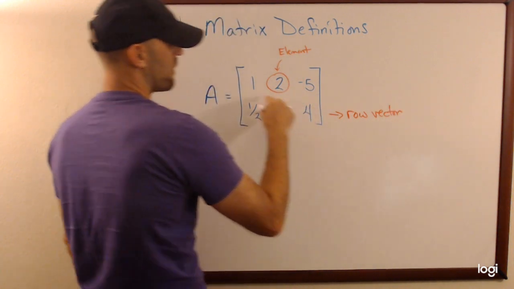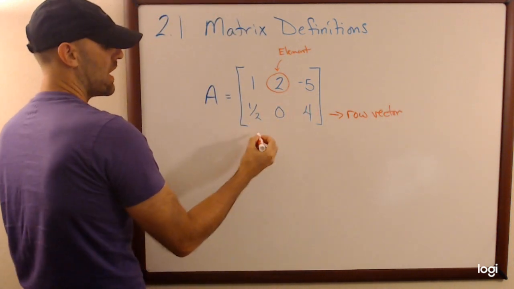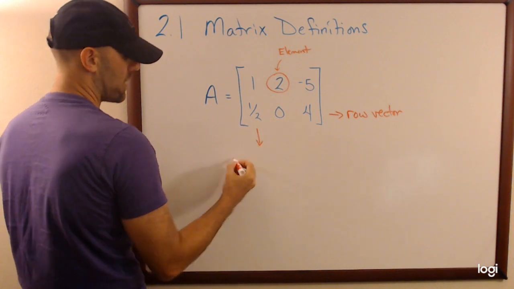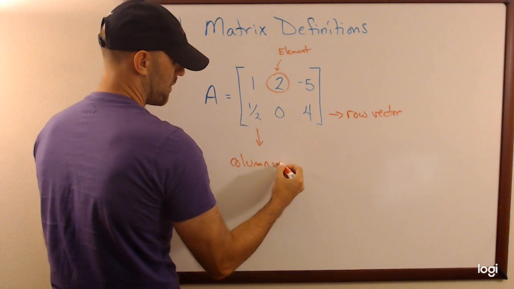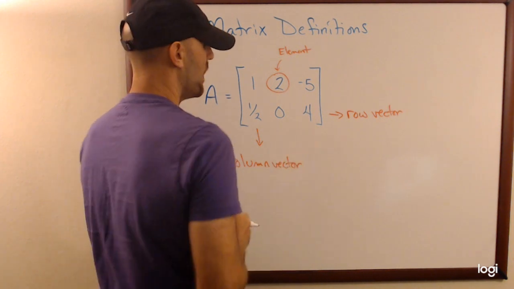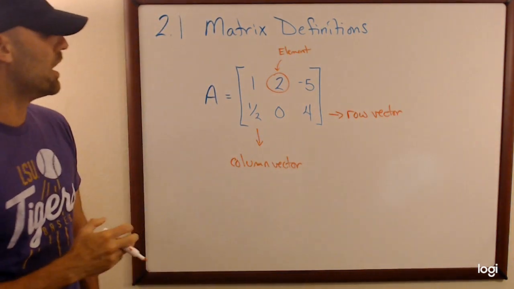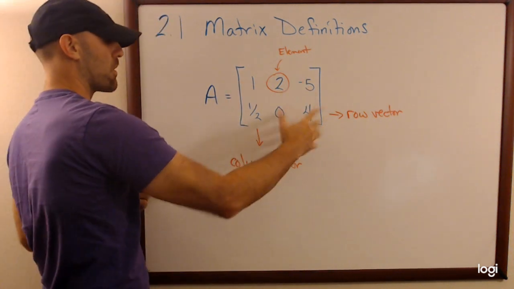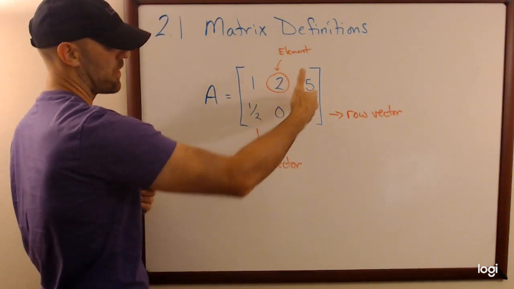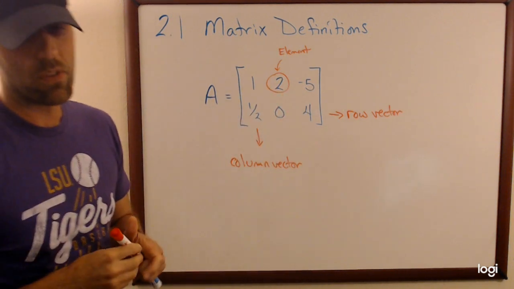So this is the first row vector, the second row vector, and these of course would then be the column vectors, the column vectors of A. So if I say first row, this is the first row, second row. If I say first column, second column, third column, and those are my elements.